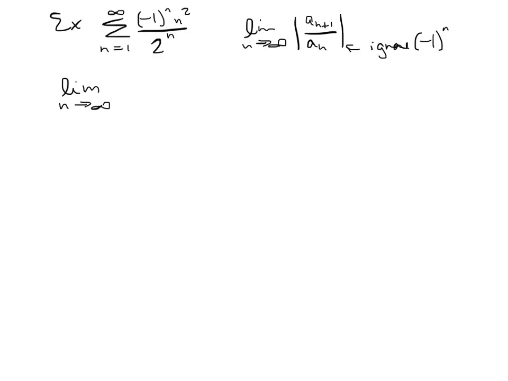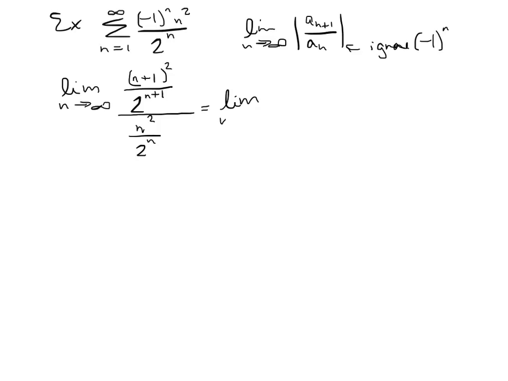I'm going to plug in n plus 1 into all the n's here. So I get n plus 1 squared divided by 2 to the n plus 1. And then I'm going to divide that by a sub n, which is the same thing but with just n's: n squared over 2 to the n.